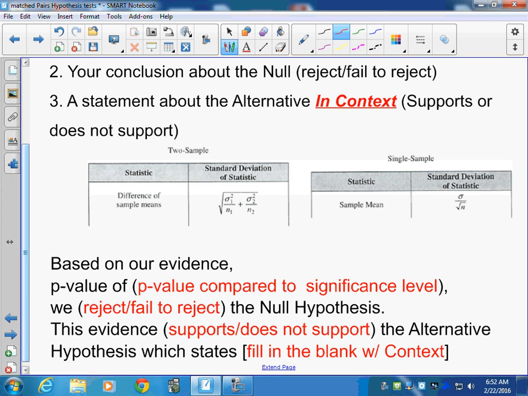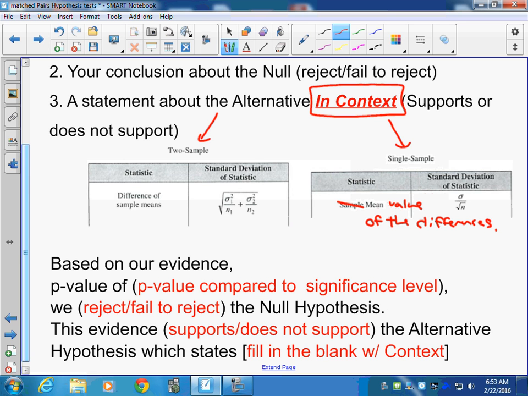Okay, so the terminology, when we talk about it, it's all about the context of your alternative statement. We talked about in the last video how you could use the formula sheet to help you with that conclusion, but now we have to do just a little something different. We are finding a mean value, but it's of the differences.